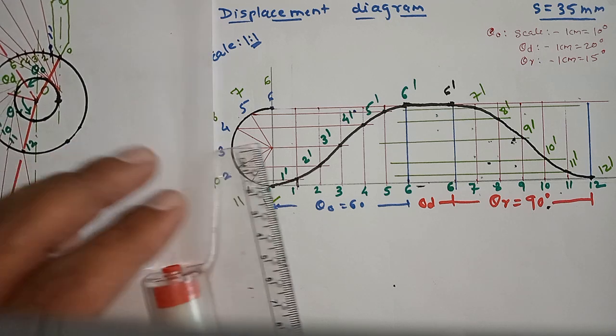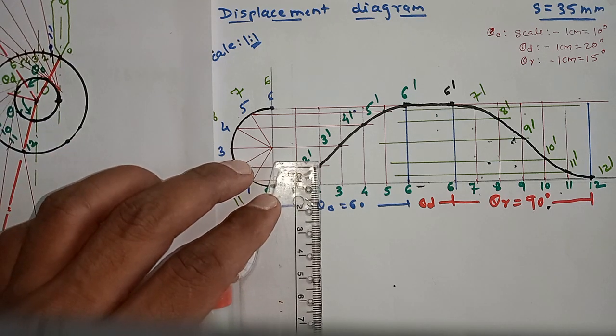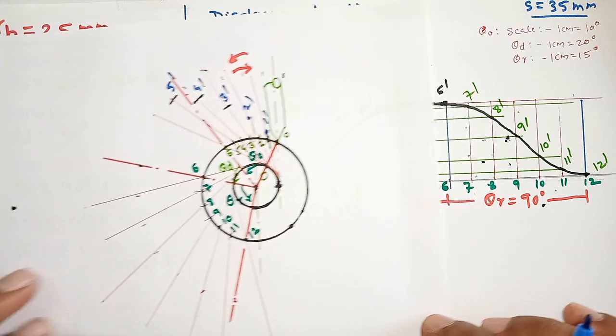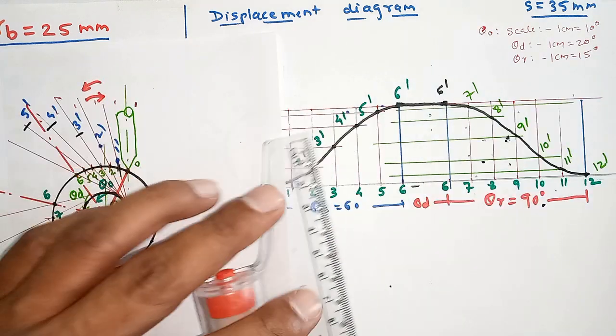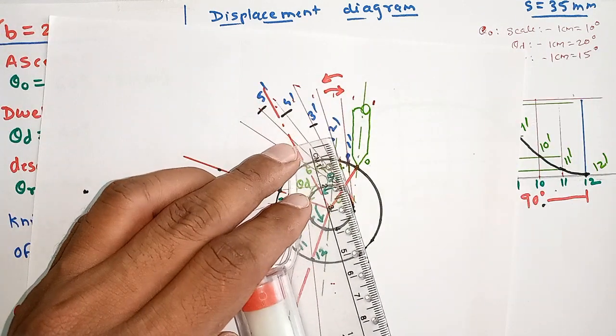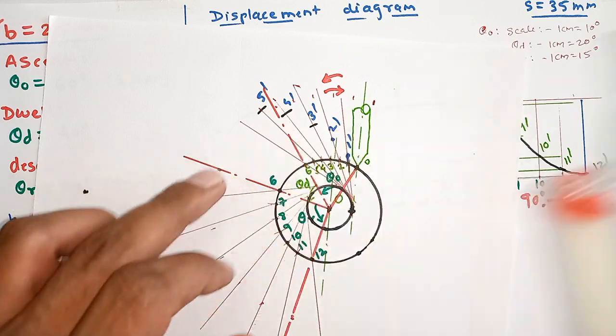Now next displacement is at point number 2, it is 9 millimeters. So I have plotted point number 2 at 9 millimeters.